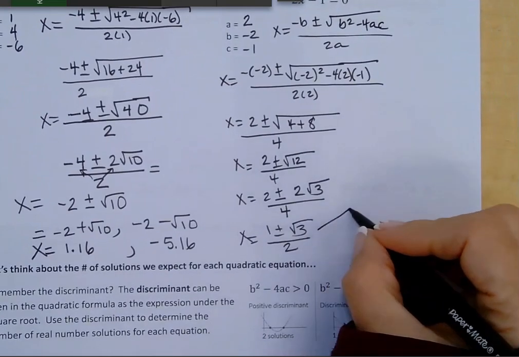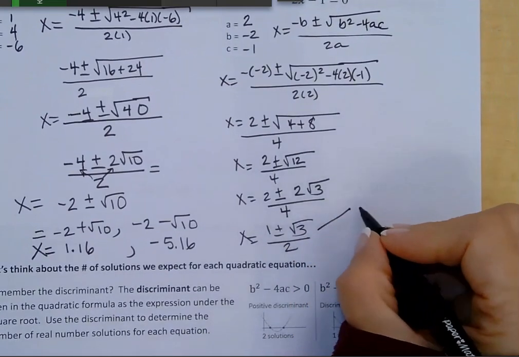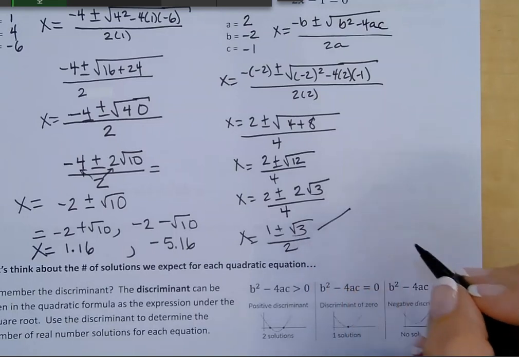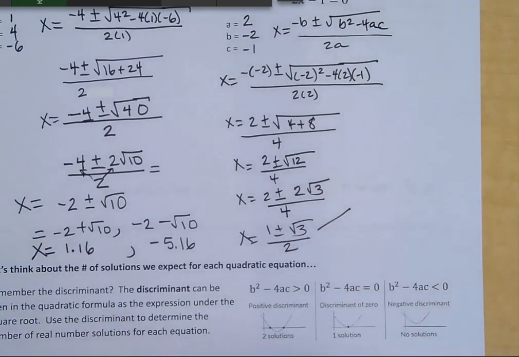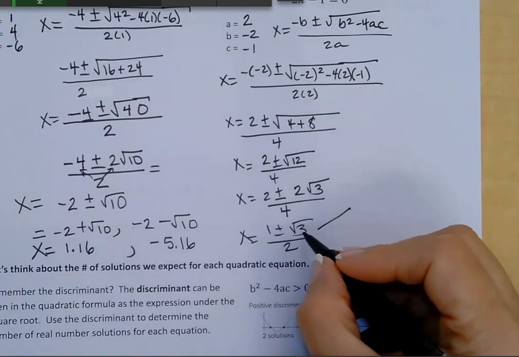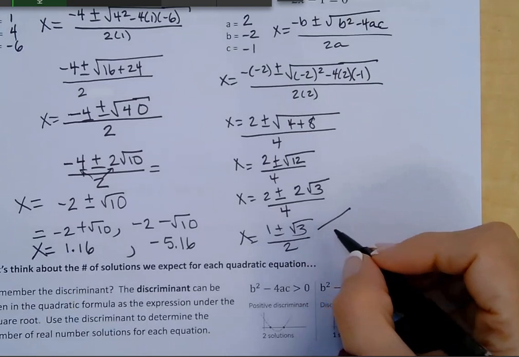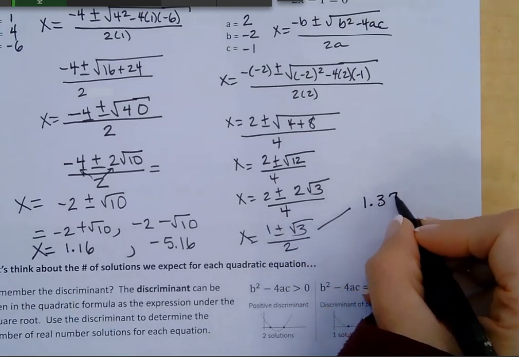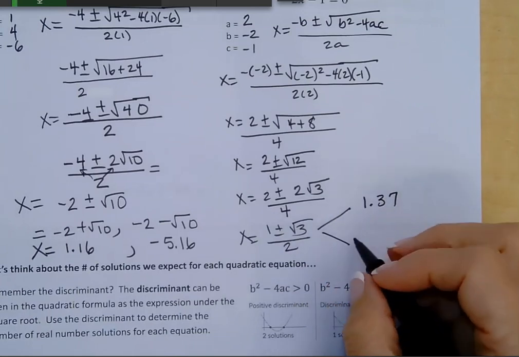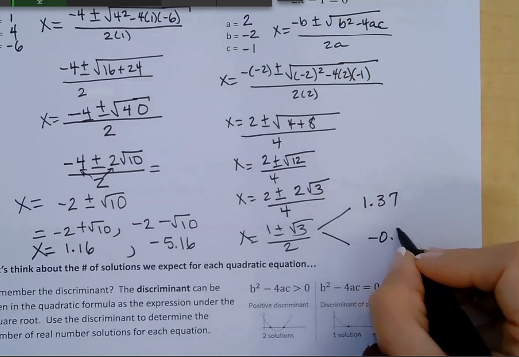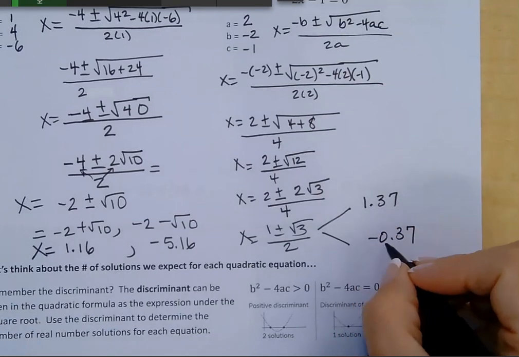So if I have 1 plus square root of 3 over 2 and 1 minus square root of 3 over 2, I'm going to actually do 1 plus the square root of 3 on my calculator, and then equals, and then divide by 2, and I'm going to find that that is about 1.37. 1 minus the square root of 3 all over 2 is negative 0.37. So those are my two answers, okay?